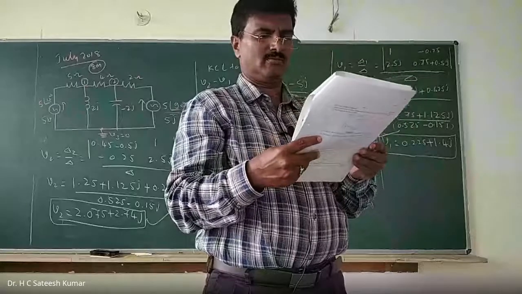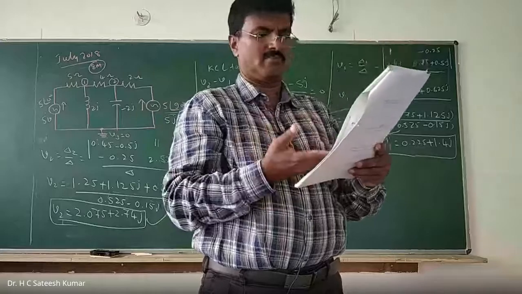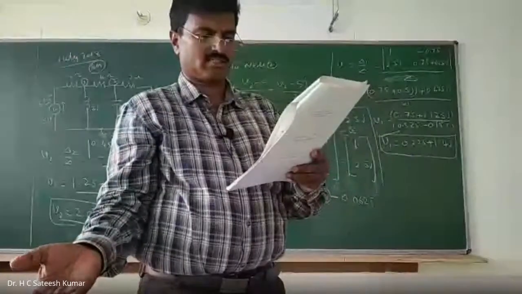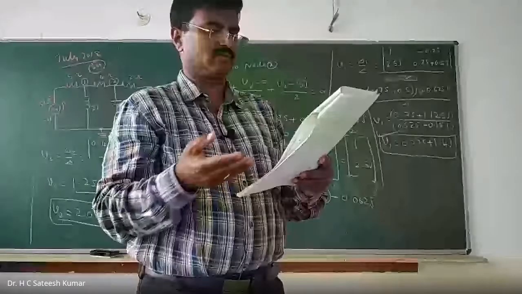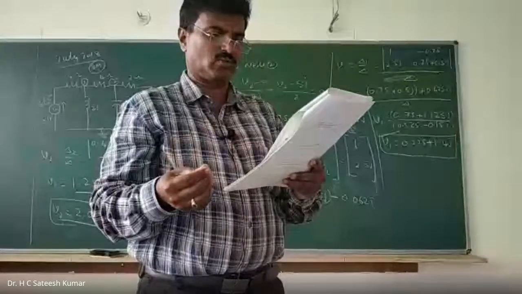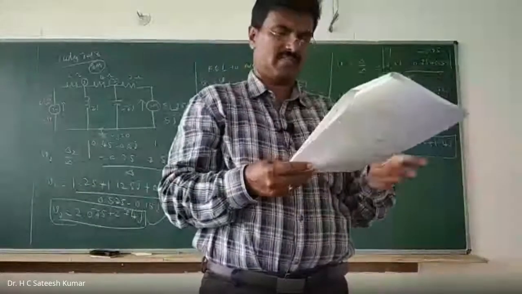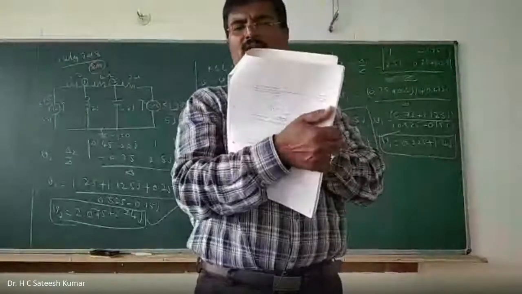This is another one, the same which was asked in the examination in 2019. This is a January 2018 paper. The similar problem is there, 2J, 5, 4 ohms. Find Vx. Same kind of problem, whatever the problem I did. So it is repetition.